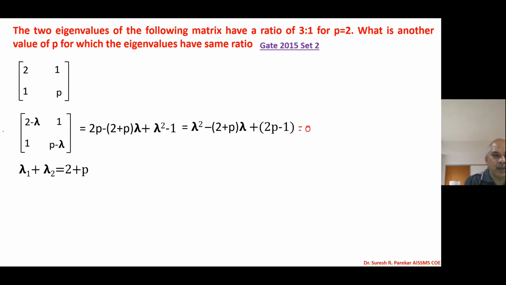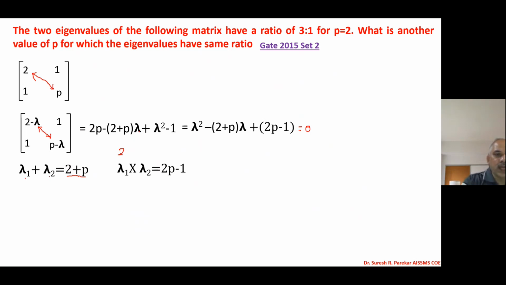Now we know the trace is equal to the sum of the eigenvalues. So we have lambda 1 plus lambda 2 equal to 2 plus p, the sum of the diagonals, and that value we will get as 2 plus p.